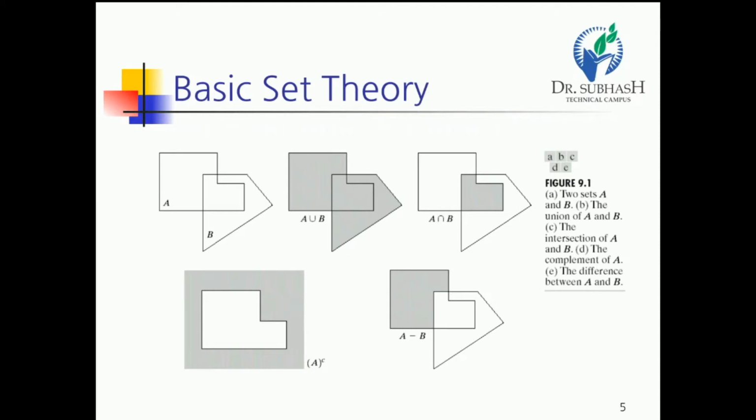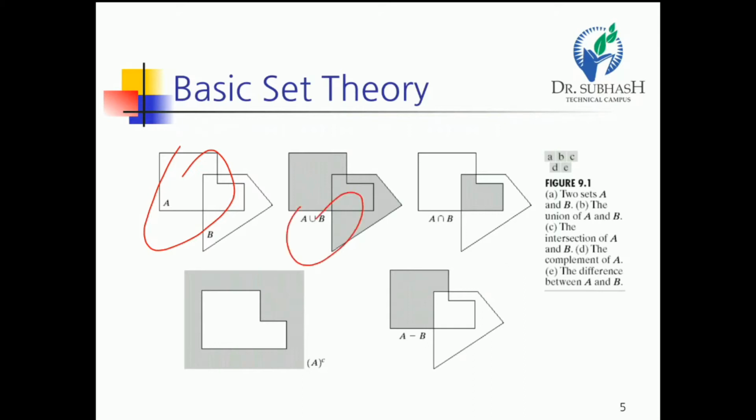In these theorems we have to use 5 different figures, right? Figure A indicates the two sets A and B. And figure B is the union of A and B, right?